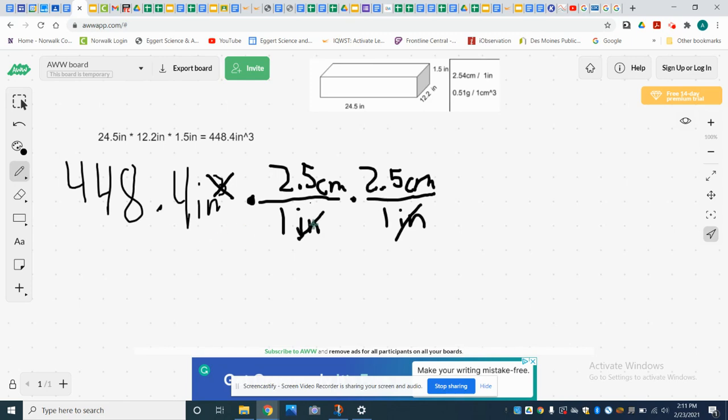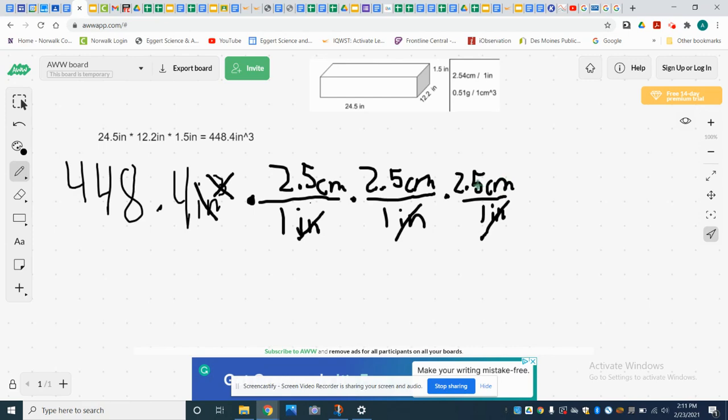I've only canceled two of those inch units out of the original cubed. That means I need to do this relationship one more time. And now this final inch in the denominator finally cancels all the inches back here on the original inches cubed. Now I'm in centimeters cubed once I complete this mathematical practice.